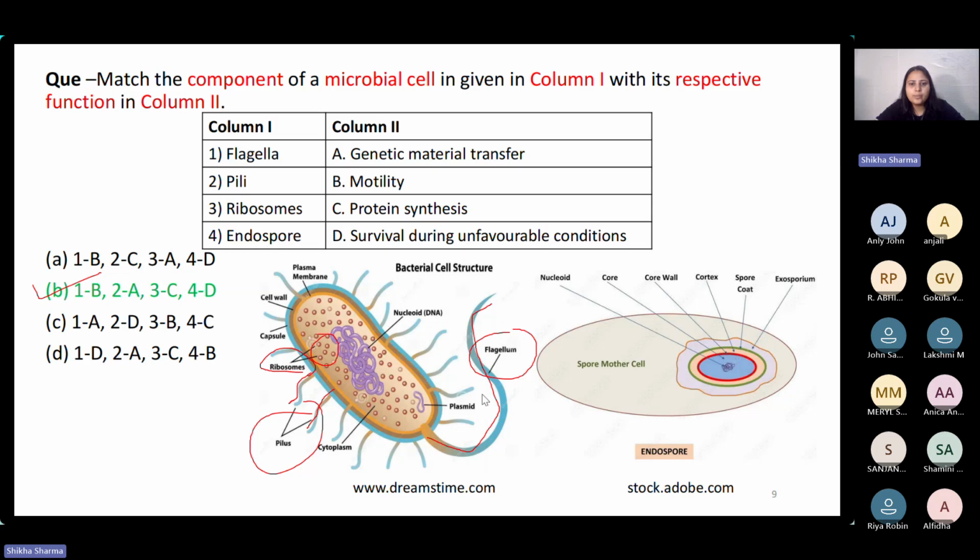And if we see endospores, the endospore will be inside the bacterial cell. So it will be inside the spore mother cell.